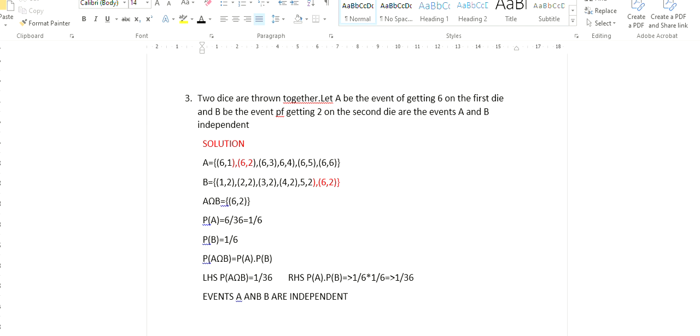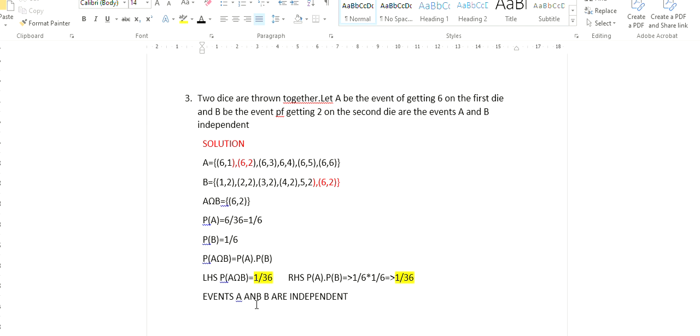So LHS and RHS are similar. This is 1 by 36, and this is also 1 by 36. So both are equal, and it is proved that events A and B are independent.